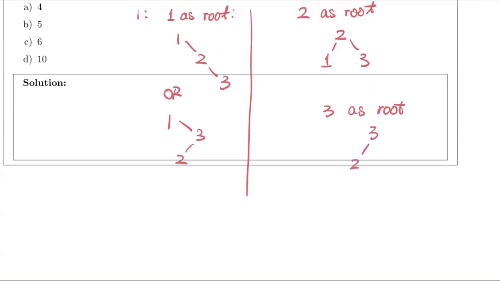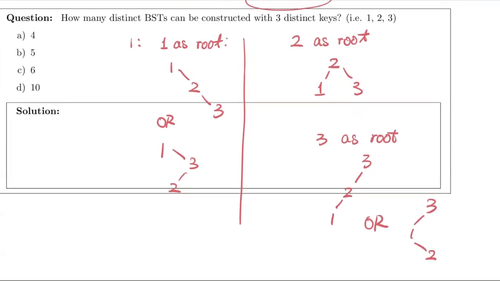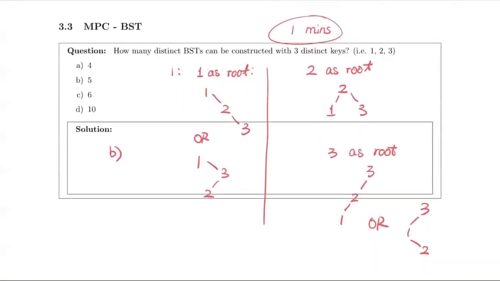So I could do this, or 3, 1, and then 2. So there are a total of 5 possible BSTs I could create with 3 distinct keys. So the answer is B. Any questions?